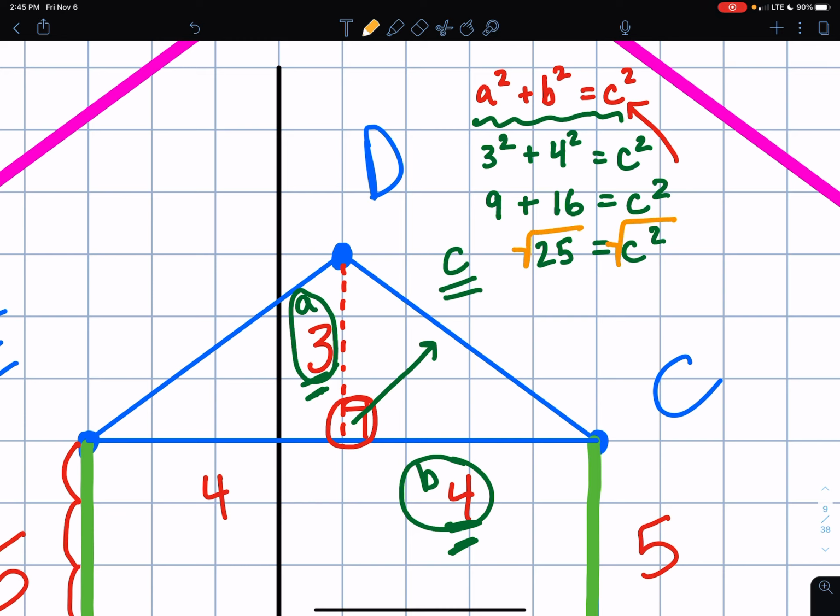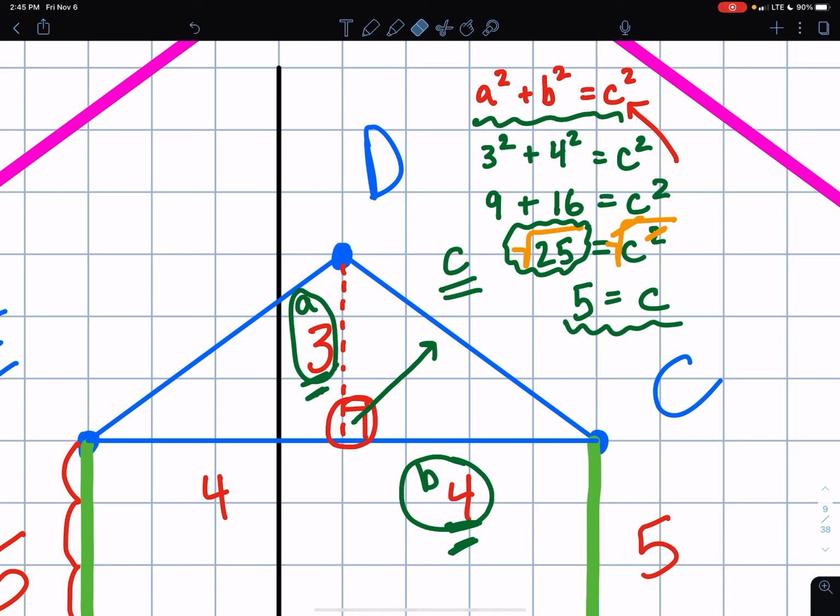On the right side, square rooting a square, those things cancel each other out, and it just leaves us with C. Then what you want to put into your calculator is the square root of 25. A lot of times when you put a square root into your calculator, you get a decimal out. This problem's really nice. The square root of 25 is just 5. And so that's what C is.